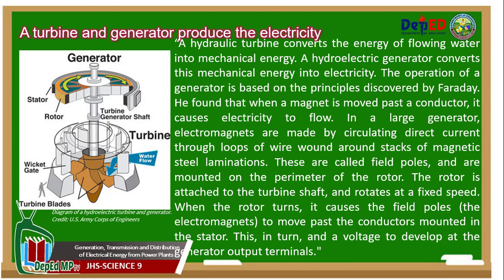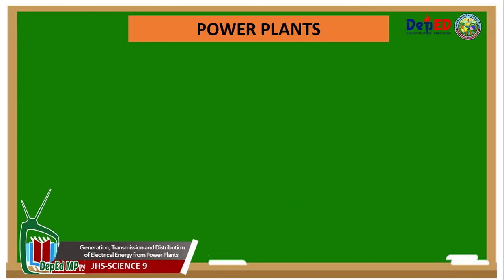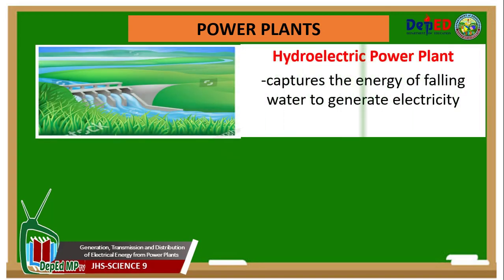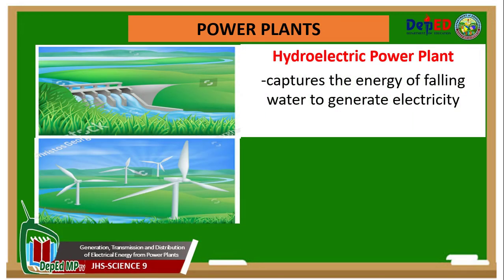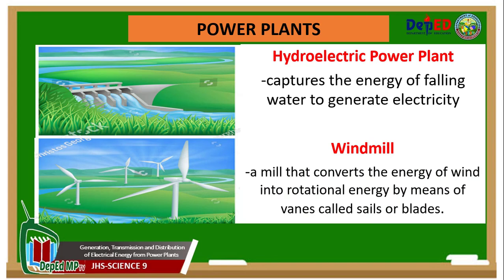When the rotor turns, it causes the field poles to move past the conductors mounted in the stator, which in turn causes voltage to develop at the generator output terminal. Again, a hydroelectric power plant captures the energy of falling water to generate electricity.